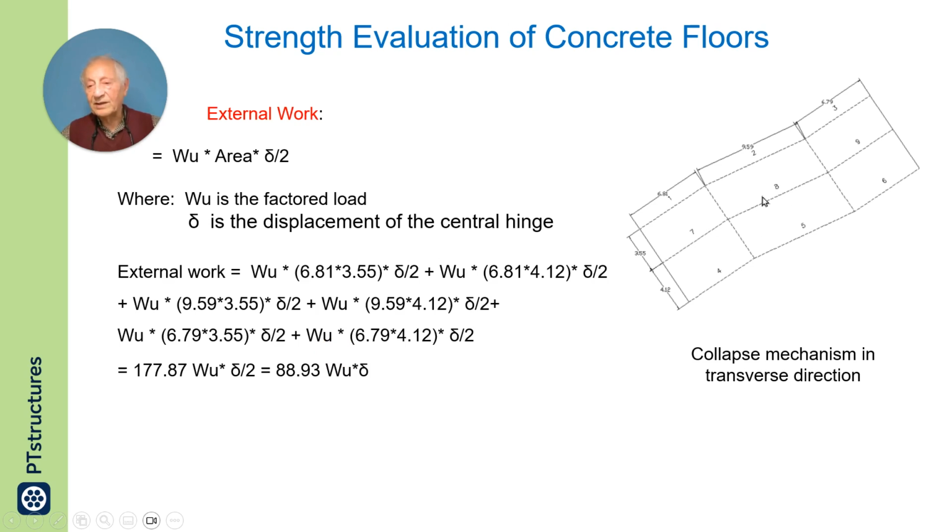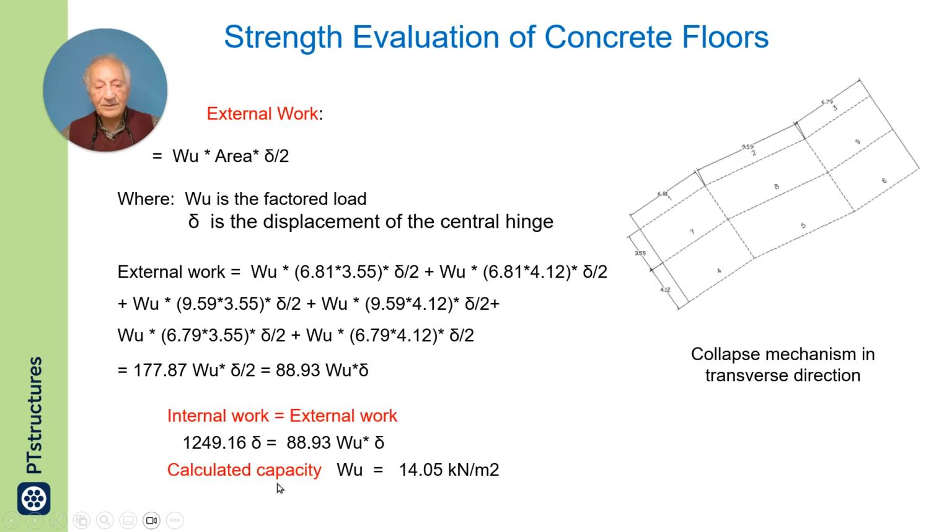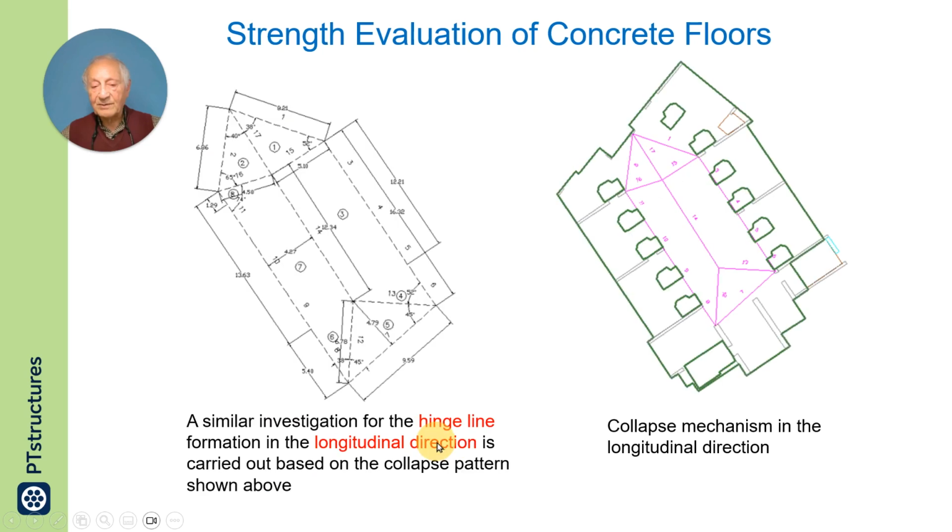We have 6 of them, so there will be 6 terms, each relating to the area times displacement of its centroid. We just went through this external work, then worked the internal work, calculated the capacity to be so much.